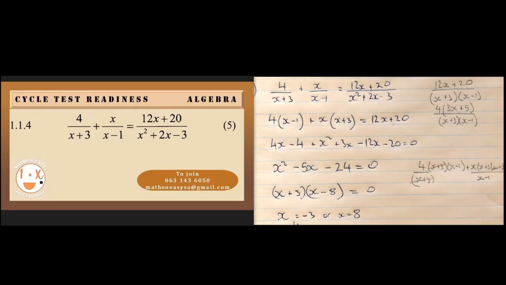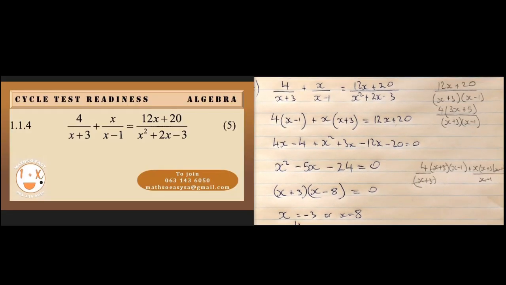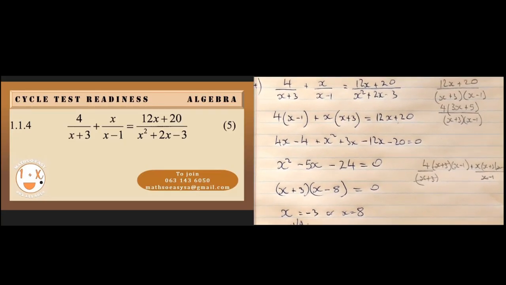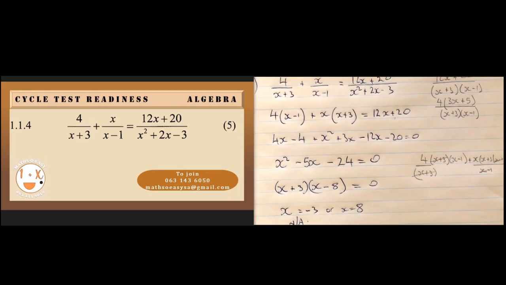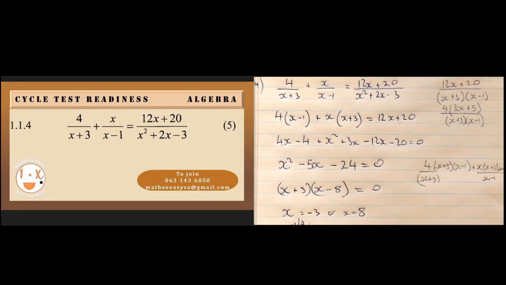So remember, just know how to be swift and smart. Those are the tips that I can give you. But otherwise, for your 5 marks, those are the solutions. Then we can try to see 8. If I put an 8 there, I'll have a 4 over 11.